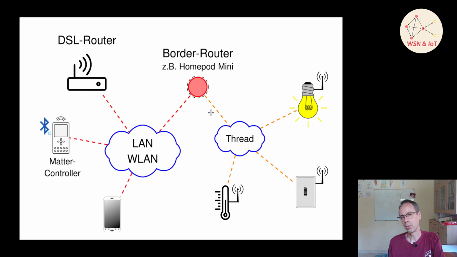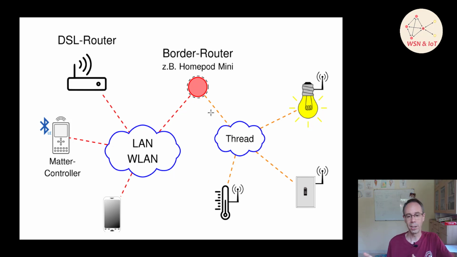An important thing is that it has to be an IPv6 network. This means we have high data rate and low data rate possibilities with low energy consumption, and we have all the advantages.